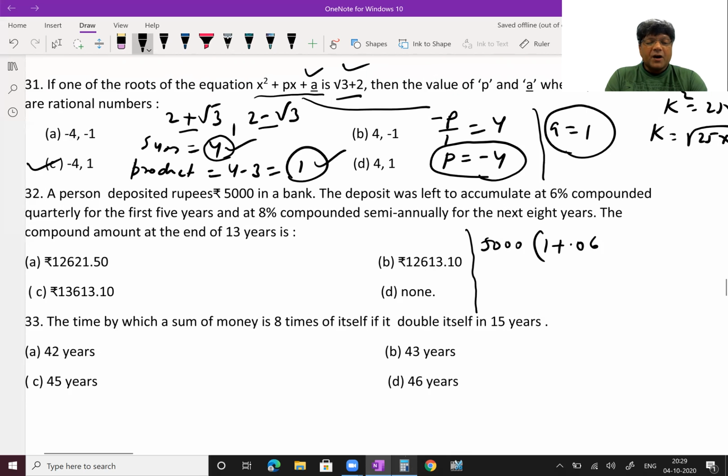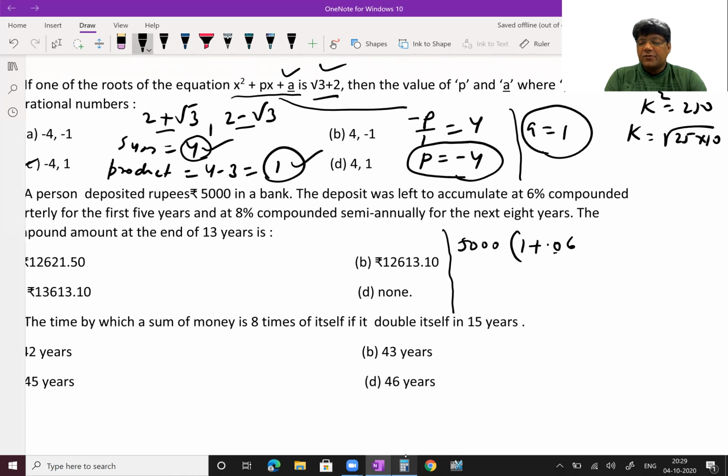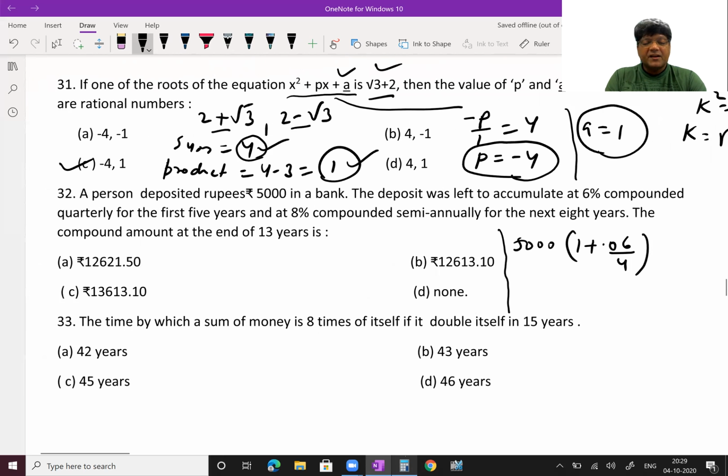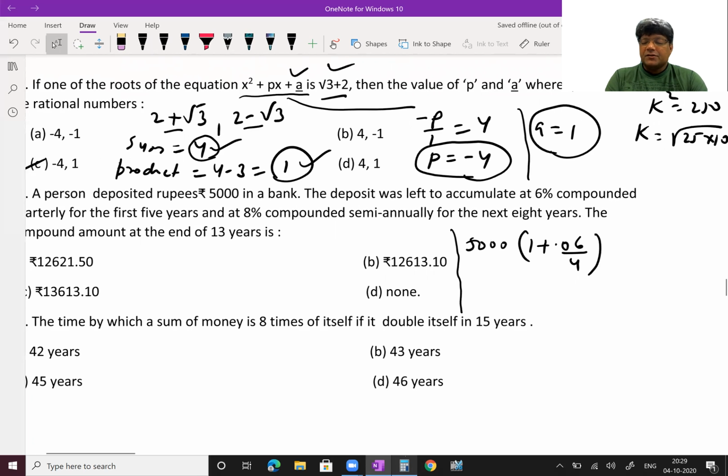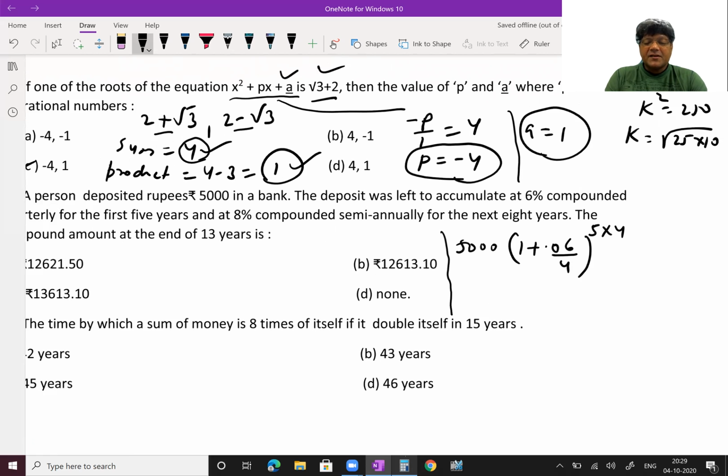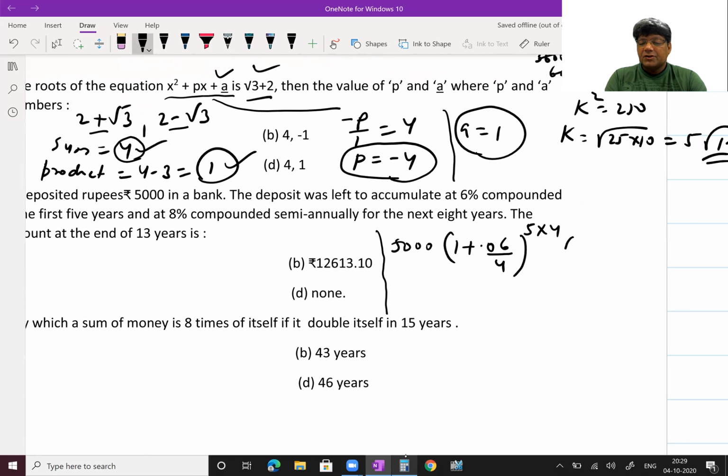Now, quarterly, your k is 4, by k, to the power nk. You remember? First 5 years, your n is 5, your k is 4. And 8% compounded semi-annually. So into 1 plus 0.08. Semi-annually means half yearly.